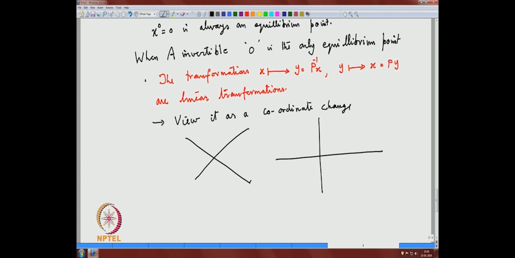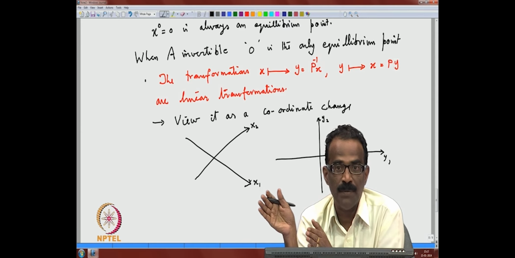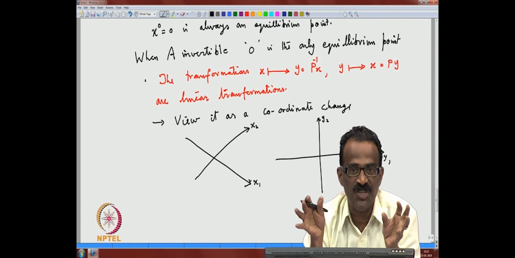So, you can see that if this is y1, y2, you will have a coordinate change x1, x2. So, effectively when we are considering the linear equivalence x dot equal to Ax and y dot equal to By, we are making a coordinate change.